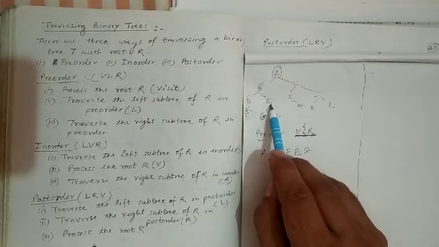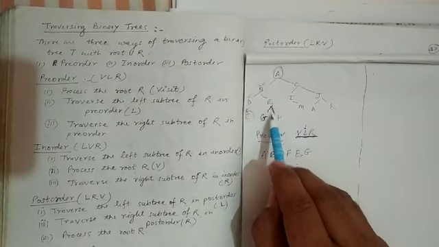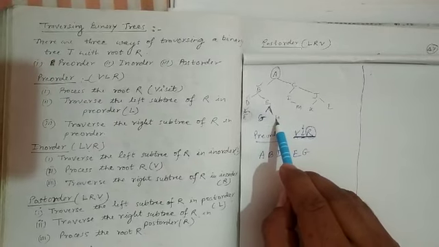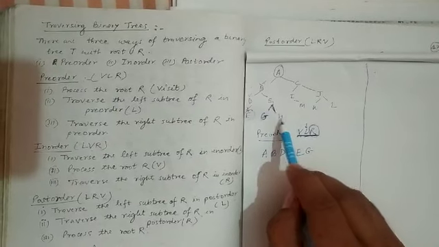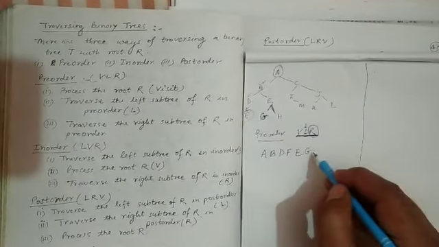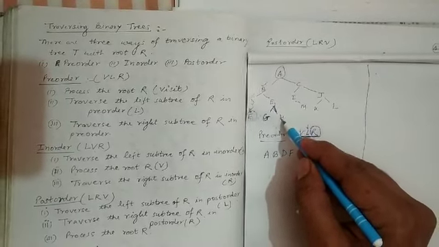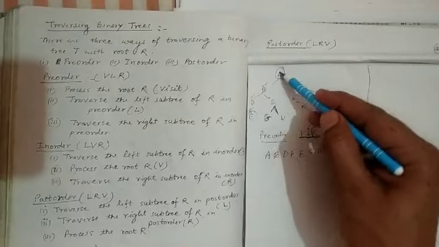You have visited this node, you have moved to the left side, and the remaining part is move right side. So you will move right side. Again VLR will be called, and H will be visited. Move left side, no left side, move right side, no right side. Again you will come back to the previous node.